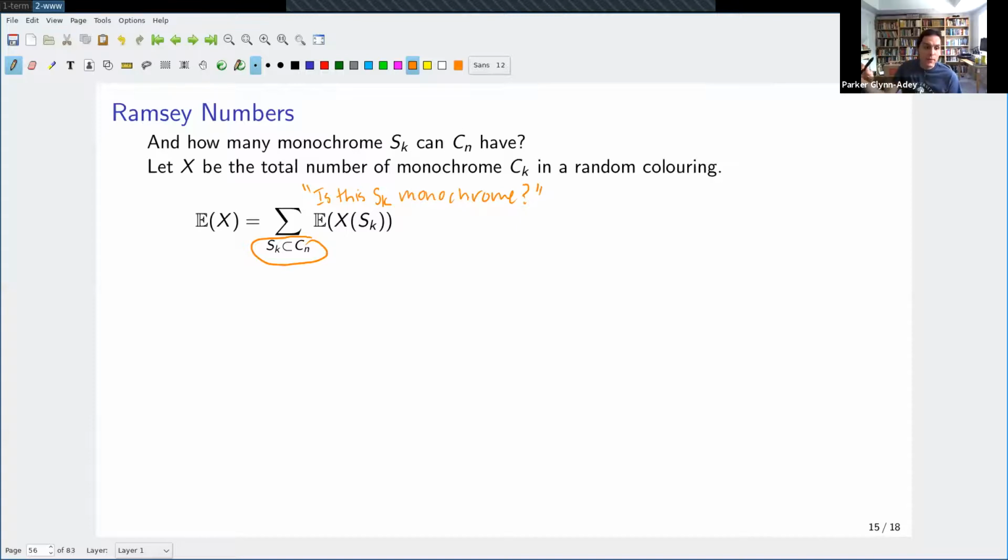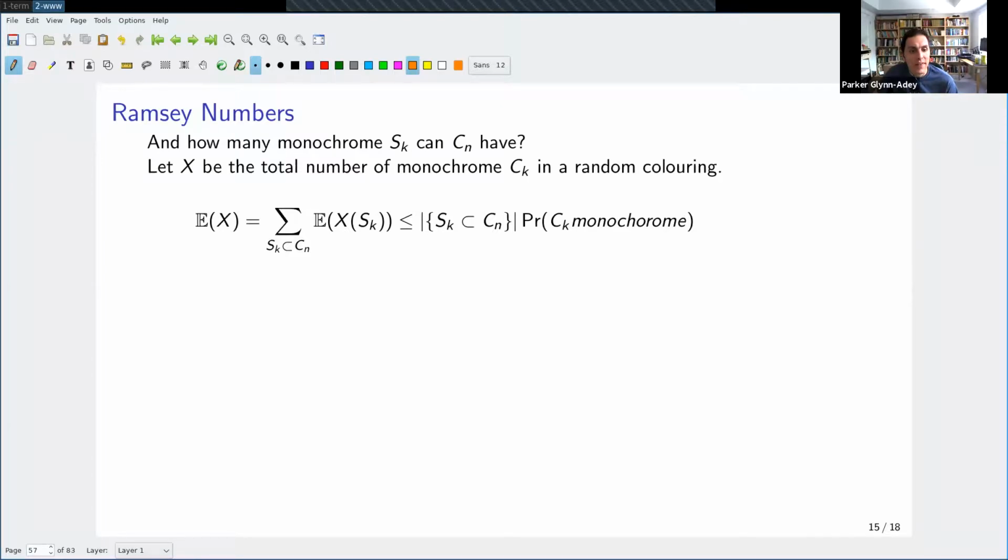So we add up all of these expectations. That's going to be less than the total number of k subsets of vertices. Okay, and how many k subsets are there? Well, just n choose k.